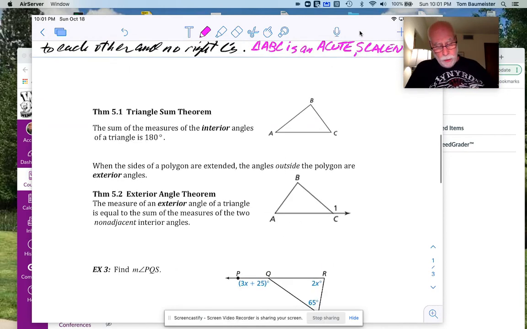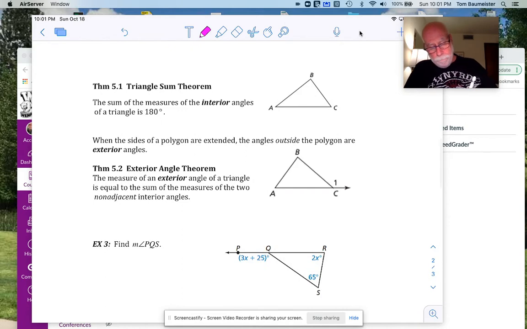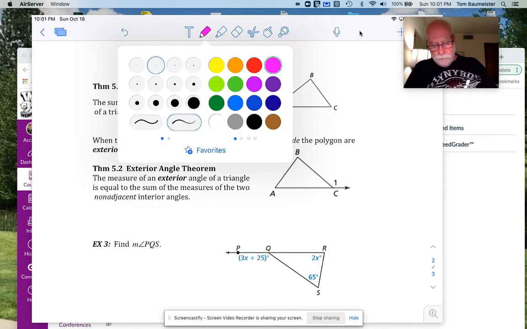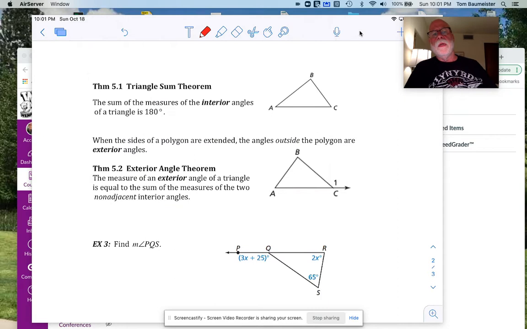All right, so now we're going to talk about some theorems here. We're not going to have you do any theorems right now either. So I would say yay if I was you. Yay. All right, so the triangle sum theorem states that the sum of the measures of the interior angles of a triangle is 180 degrees.